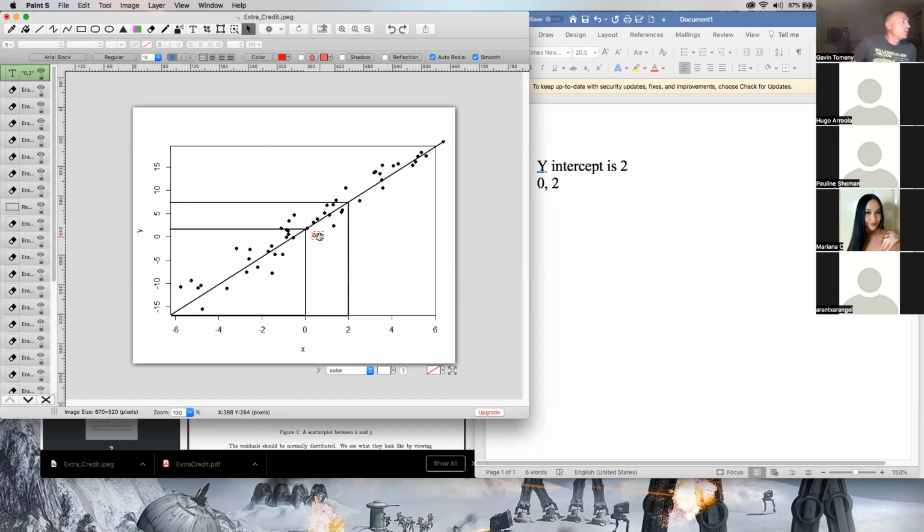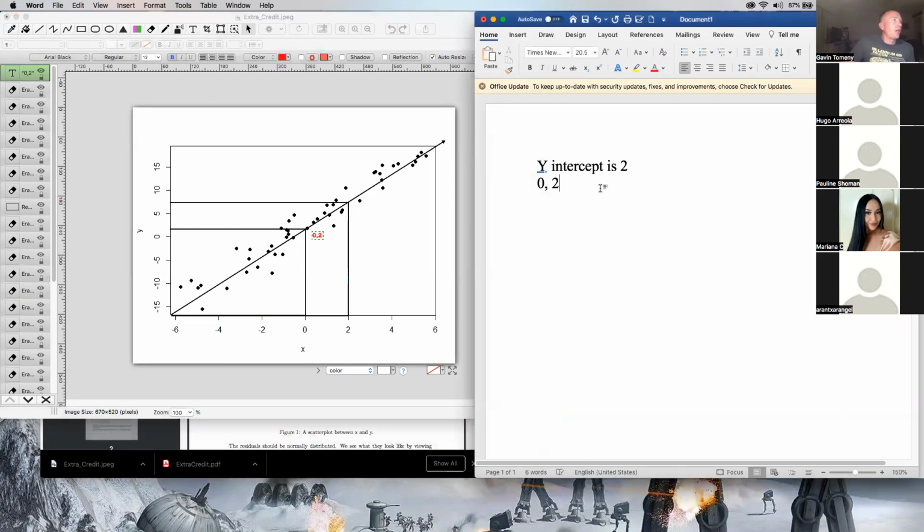And so for this one, obviously I chose 2 as my X coordinate, and up here, it looks like it's pretty much right in the middle. So that's going to be 7.5.